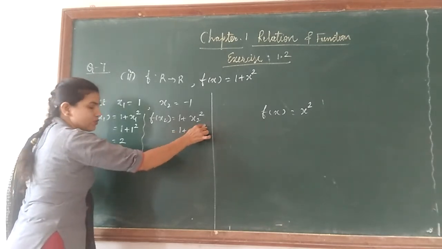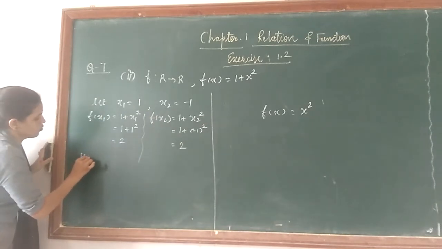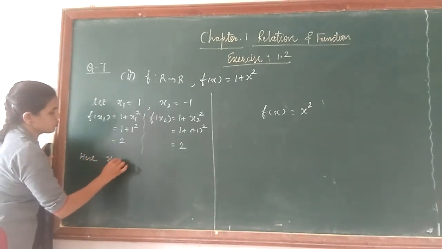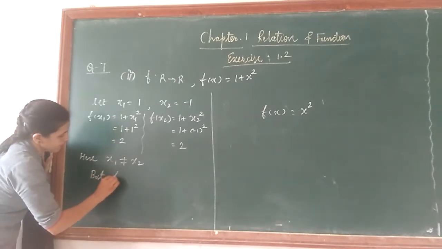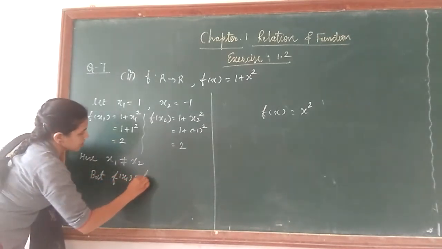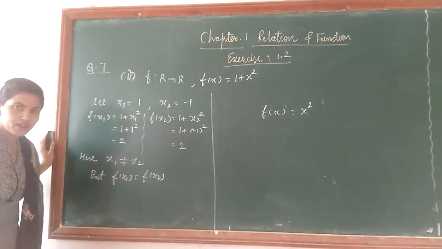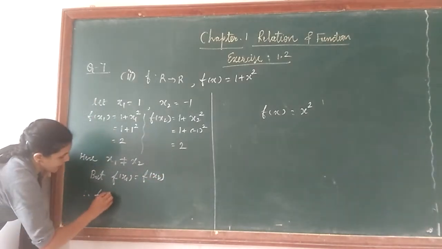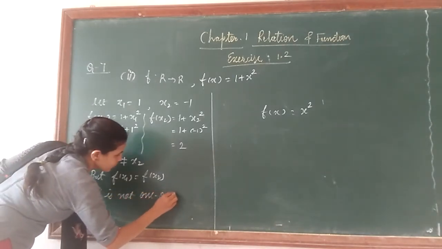We know that (minus 1) square is plus 1, so 1 plus 1 is 2. So here what we are getting is that x1 is not equal to x2, but f of x1 is equal to f of x2, which does not satisfy our definition. Therefore f is not one-one.